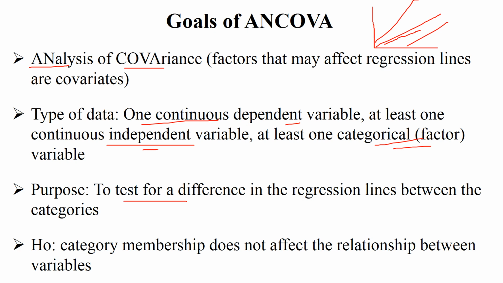So you have three variables, and they do not affect it differently. In the alternative hypothesis, yes, your three factors are totally different. So this is all about the goal of the ANCOVA.